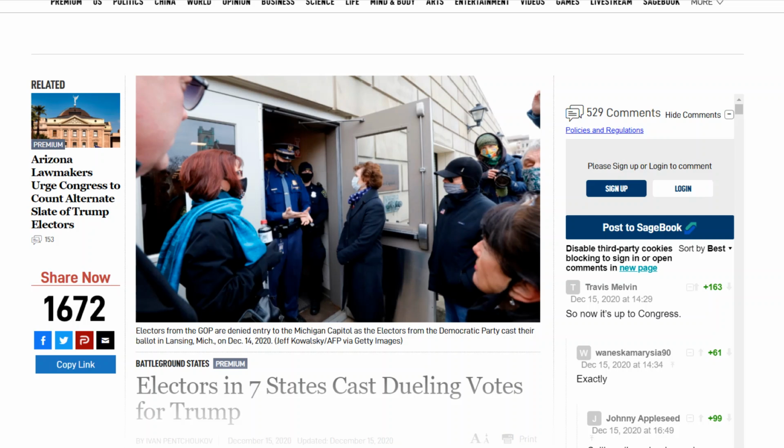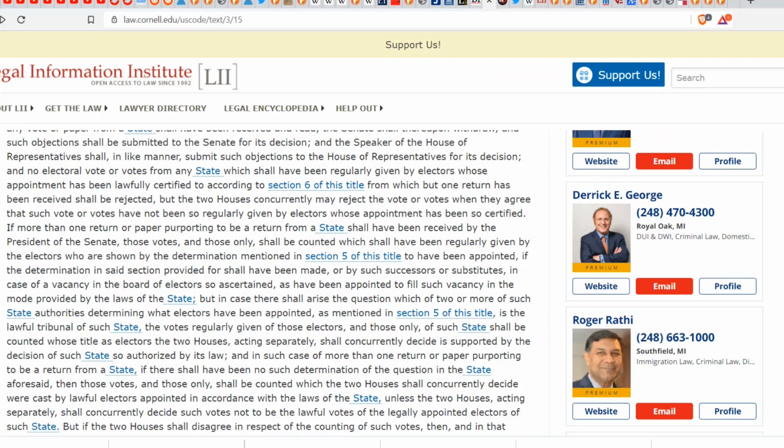Now, but in the case there shall arise the question which of two or more of such state authorities determining what electors have been appointed per Section 5 is the official tribunal of such state, the votes regularly given of those electors and those only of such state shall be counted whose title as electors is authorized by its law.